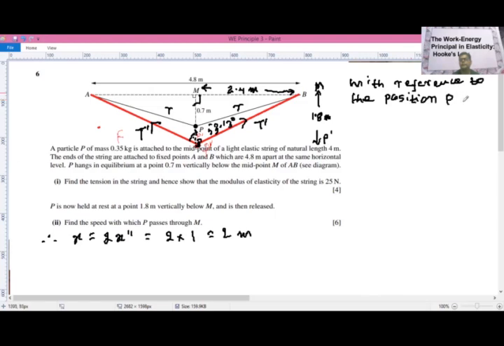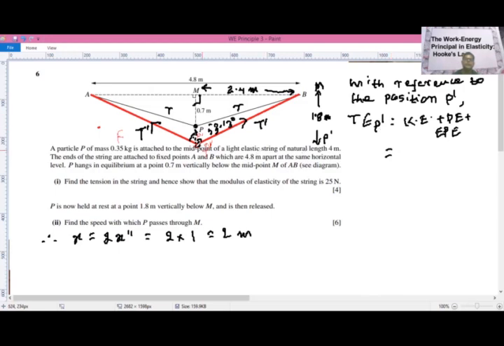P dash, the total sum of energy at position P dash, that means over here, is kinetic energy, potential energy plus elastic potential energy. So let's check what the kinetic energy is at this point.